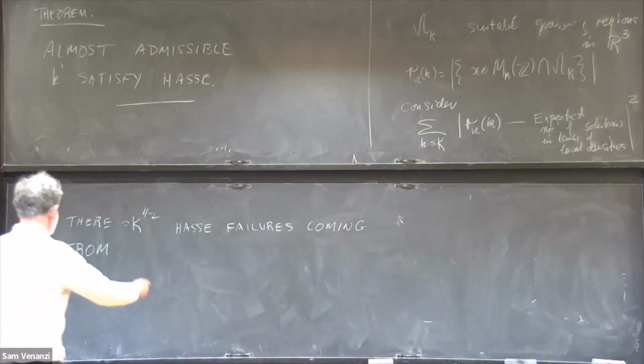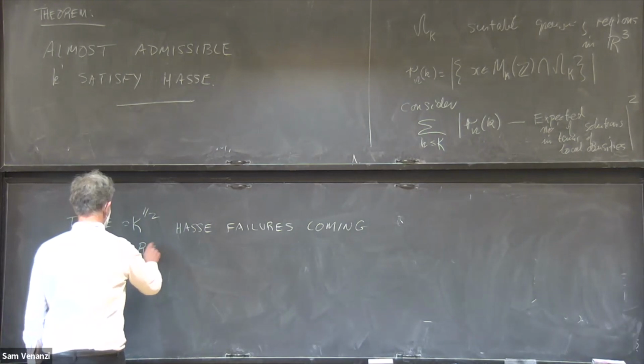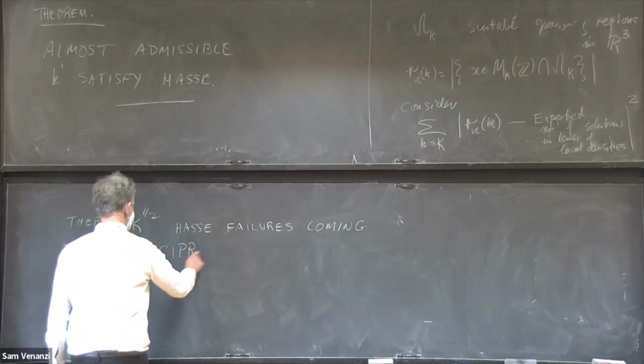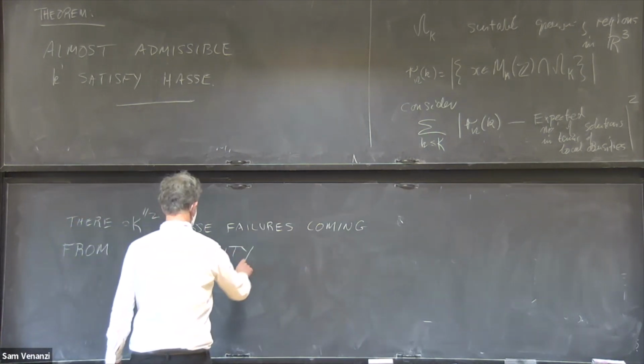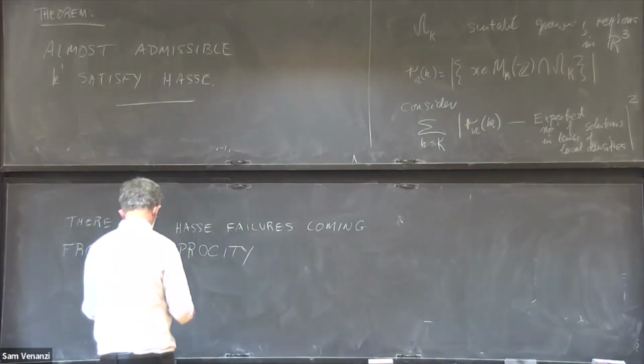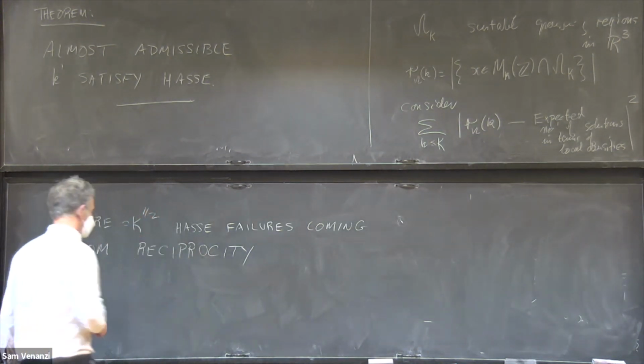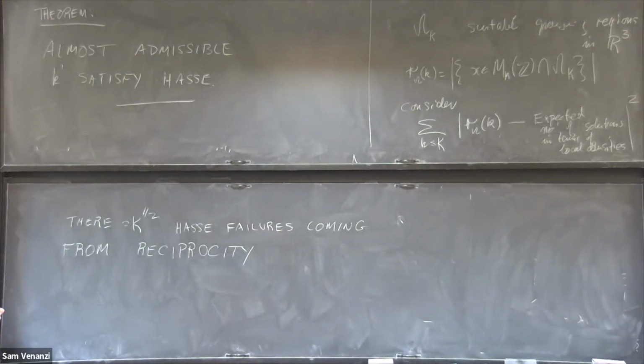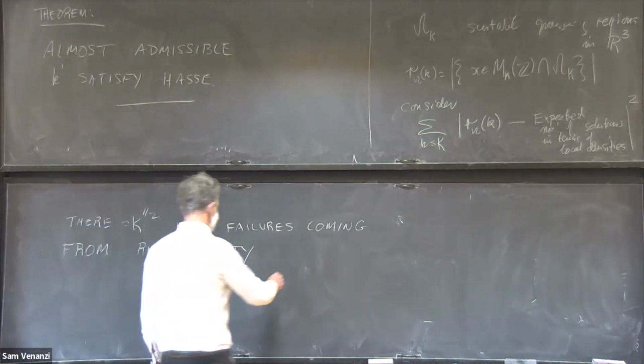It comes from some kind of reciprocity, in this case quadratic reciprocity, might be cubic reciprocity or any class field reciprocity. So we found a way of building in reciprocity. I'm going to explain it now to show that there are at least k to the half Hasse failures for Markoff.